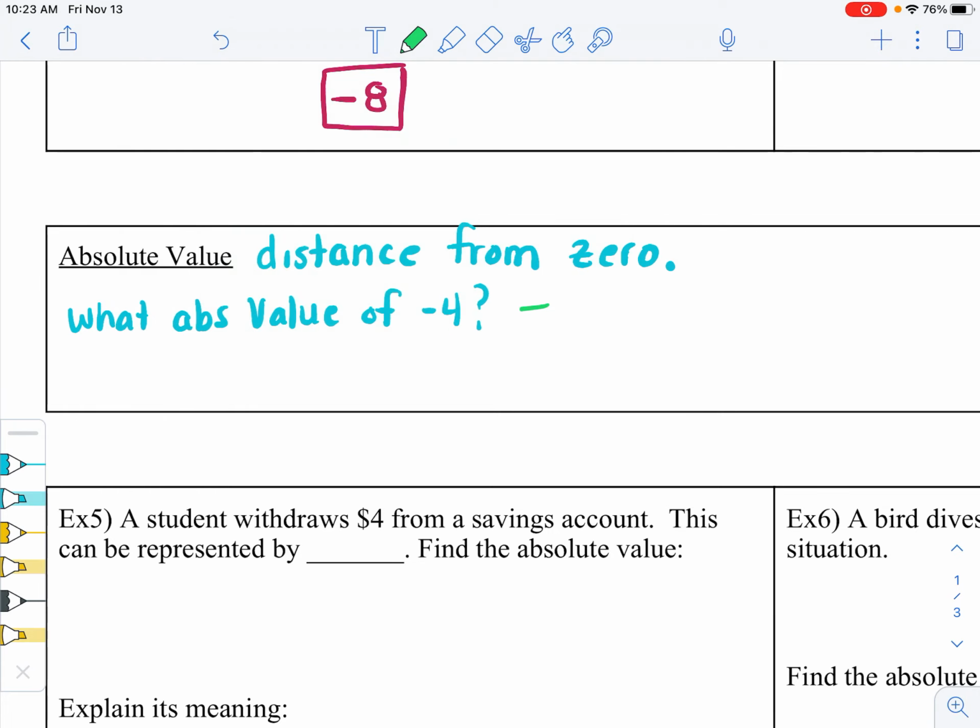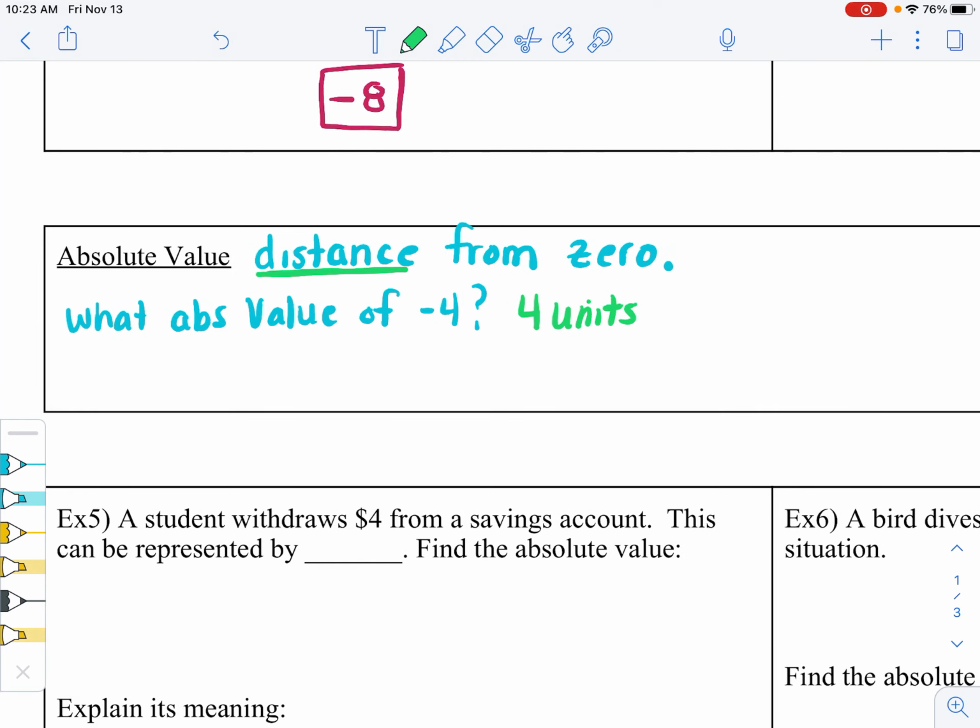The answer to that is 4. It is 4 units, or 4 places, from 0. Notice distance is always positive, right? You wouldn't say I ran -2 miles. Distance is always positive. Even if you ran it backwards, you would still have run 2 miles, okay? So that means absolute value is always positive.